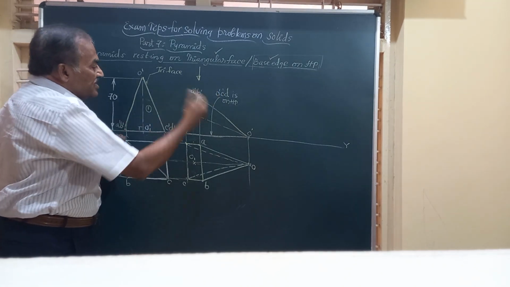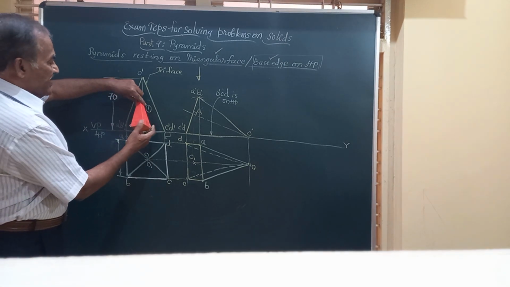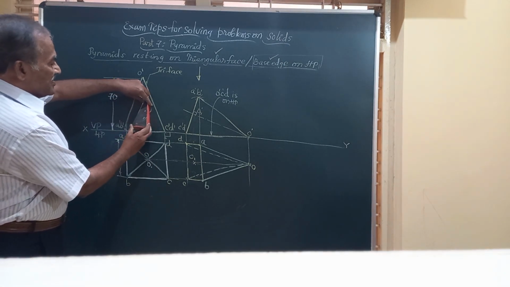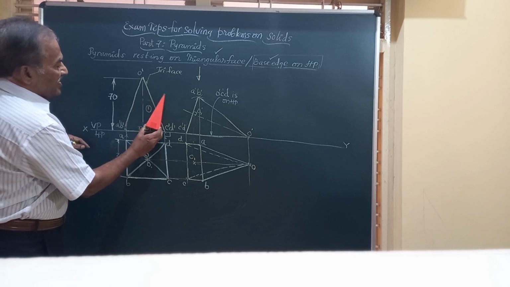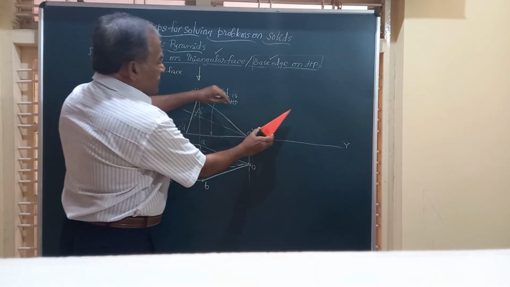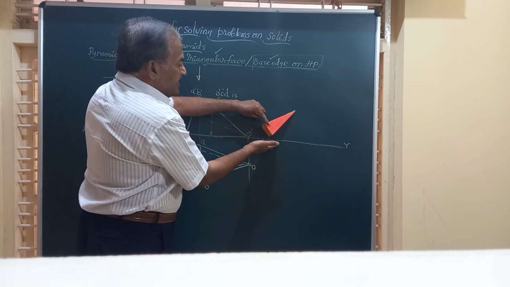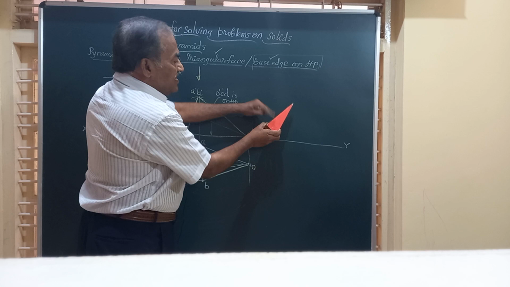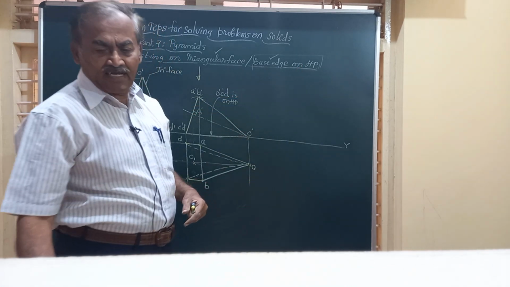It says it has to rest on base edge. So friends, it was like this, or I can say it was like this, and now I am going to rotate to the right side. I will show you here like this, so that now the object is resting on one of the shorter edges of the base, and the axis gets inclined.